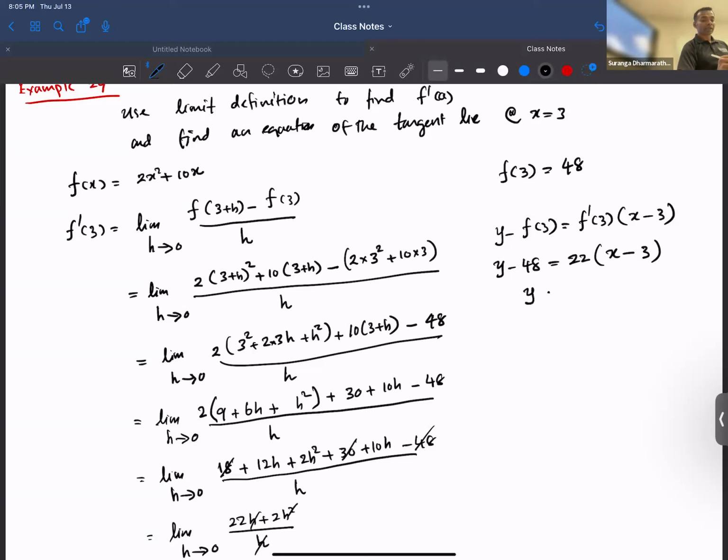This is y, and you can add this 48 to this side, and this is going to be negative 66, right? 66, so you get 22x minus 18. Is that right? Is my calculation correct?